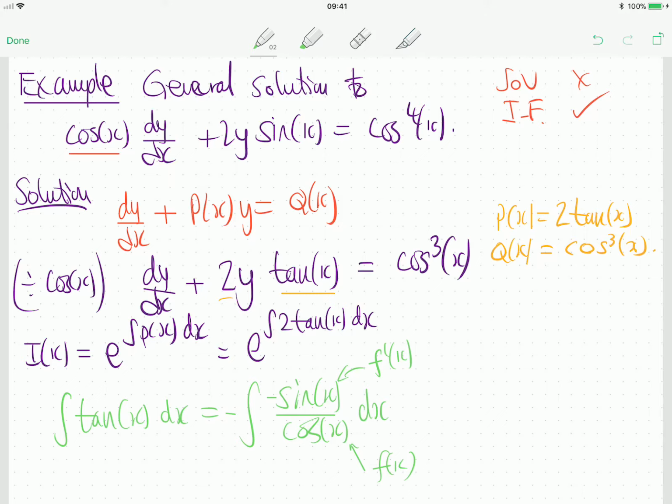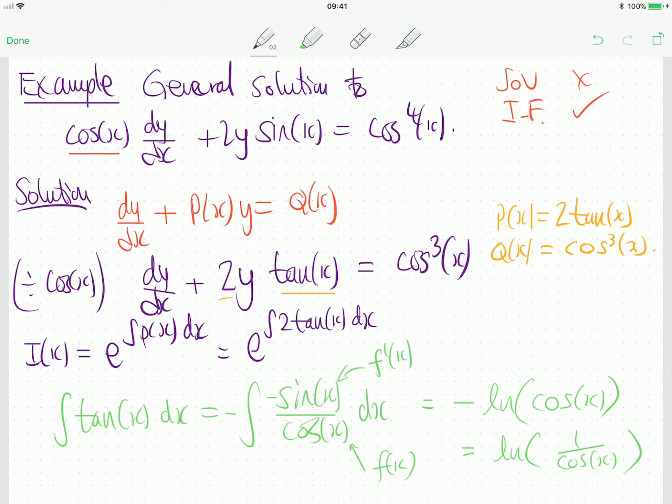Now it's exact. This is a standard rule for integration. If you have a fraction with a function on the bottom and its derivative on top, then the integral is the log of the bottom. So if you integrate tan, the answer is minus log of cos, and I think we can do a bit better than that. Let's put the negative in: log of cos to the power minus 1, which is just 1 over cos.